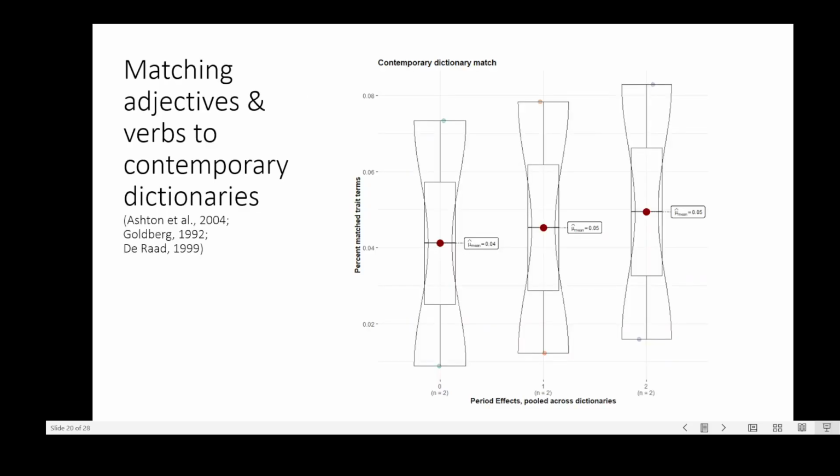When trying to match adjectives and verbs to contemporary dictionaries, what we see is over time there are more adjectives that can be mapped onto more modern dictionaries. So more terms are being used that map onto the modern dictionaries that we use in psychological analyses.